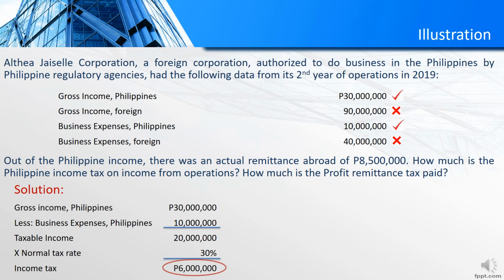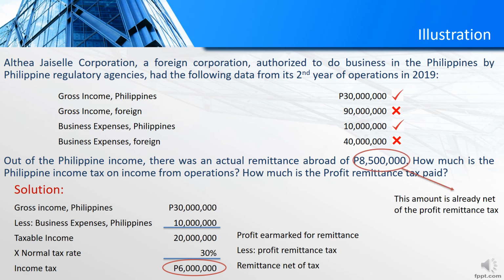Now for the second question, how much is the profit remittance tax paid? Our formula will be profit earmarked for remittance less profit remittance tax equals remittance net of tax. Take note that the 8,500,000 in the problem is already net of the profit remittance tax because this is already the amount that was actually remitted abroad.